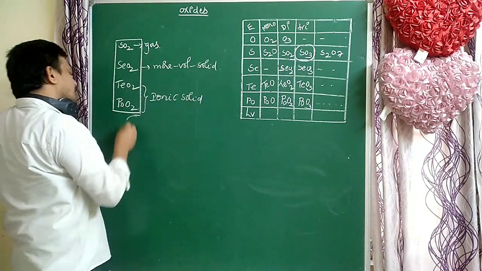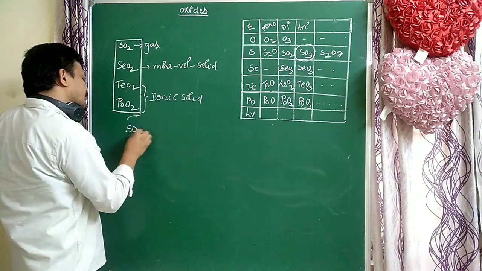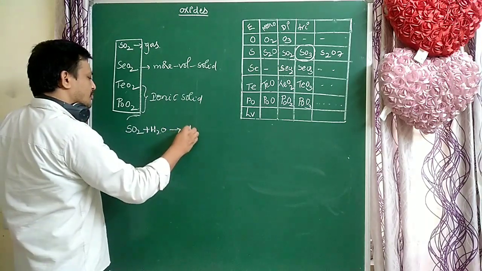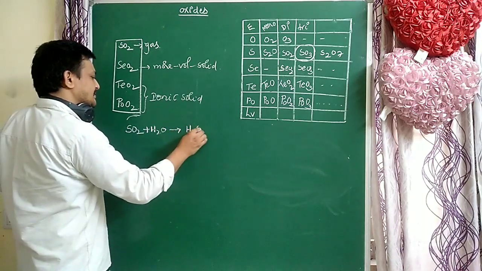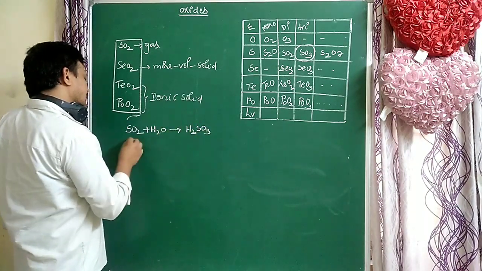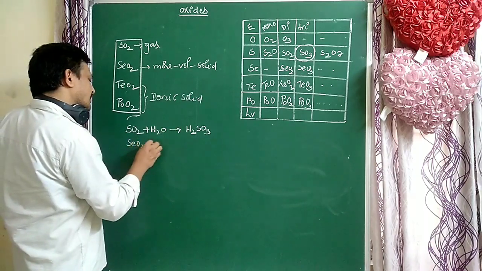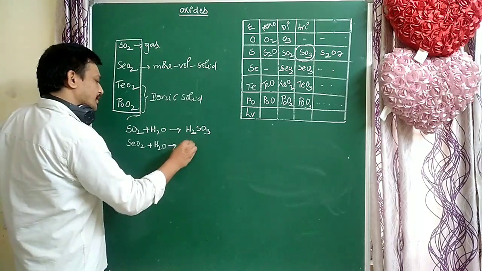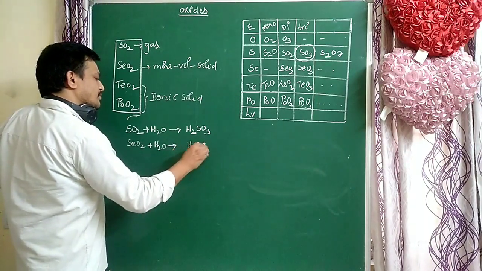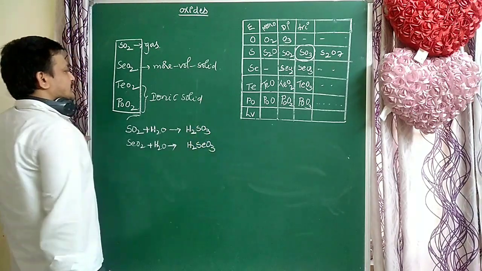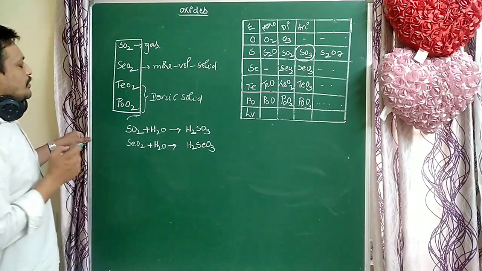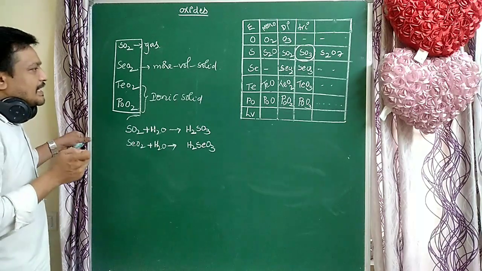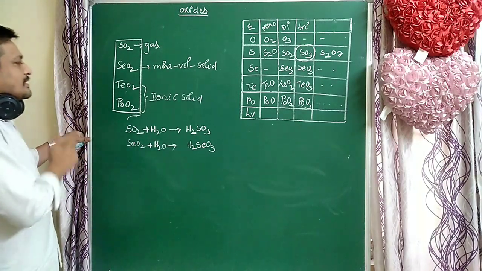So these two dissolve in water. SO2 dissolves in water to form the oxyacid sulfurous acid, and SeO2 dissolves in water to form H2SeO3. Next, TeO2 and PoO2 are insoluble in water but soluble in concentrated acids and bases.